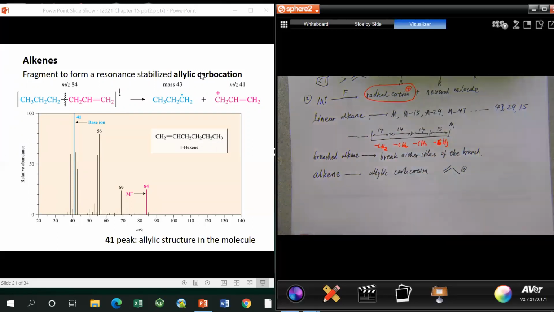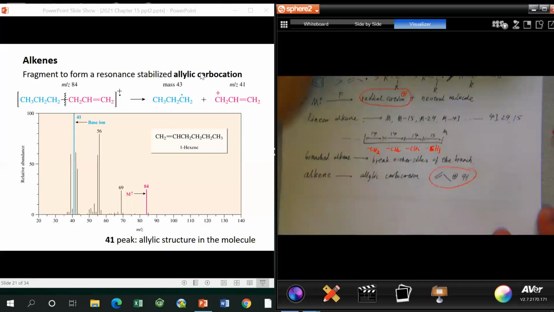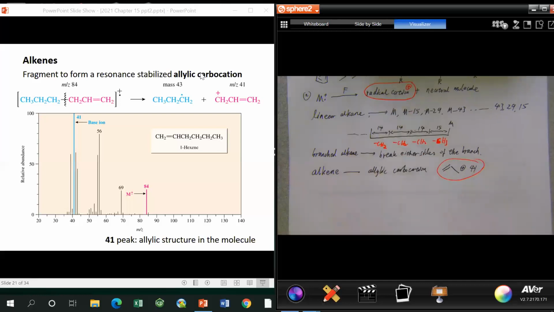The mass of the allylic carbon cation is 41. Because of the stability of this species, quite often you see the base peak, the base ion, the most abundant fragment, comes from the allylic cation. So that's the highest peak, very unique for the alkene.